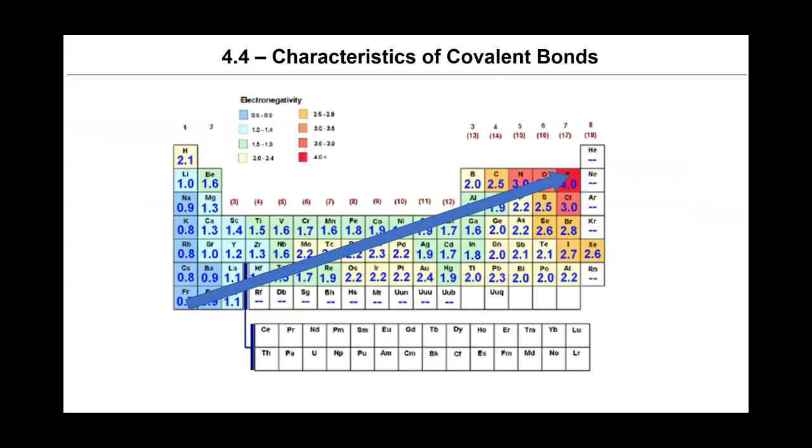On Linus Pauling's scale, we see the same trend of electronegativity values. They increase from the bottom left of the periodic table towards the top right, and fluorine has the highest value with an electronegativity value of 4. Amongst the non-metals, which are those that are involved in forming covalent bonds, we see that hydrogen has the lowest value.